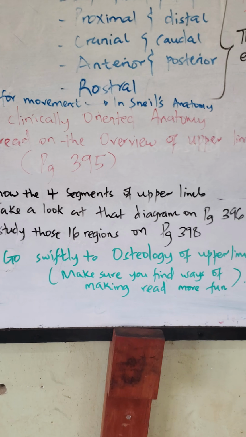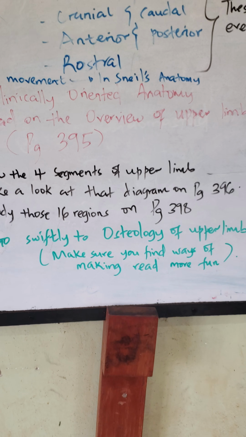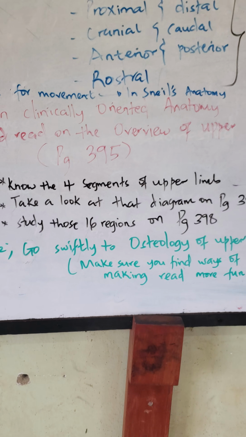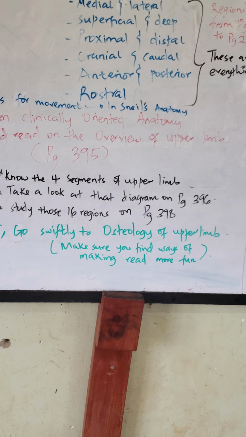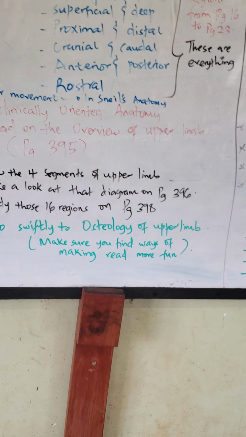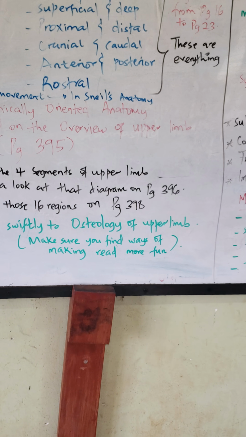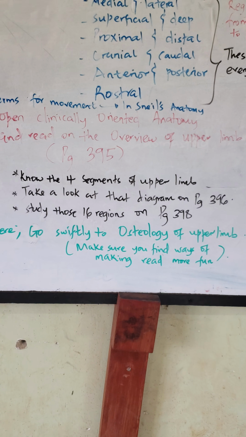Know the 4 segments of the upper limb. They will talk of the shoulder, the arm, forearm, and the hand. And you also see that diagram on page 396. It is a diagram having those regions and the respective bones.